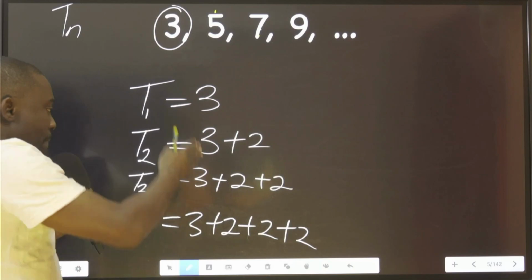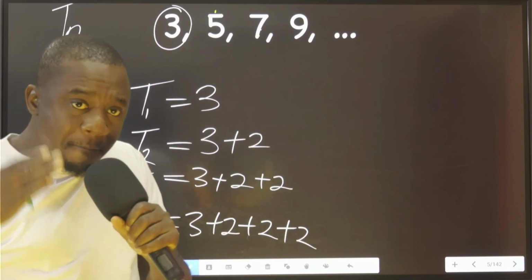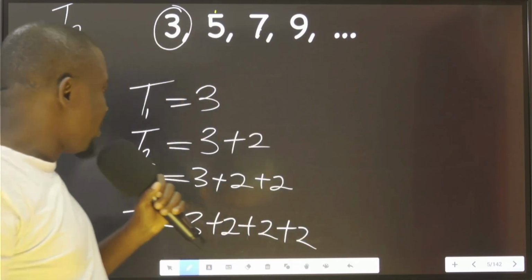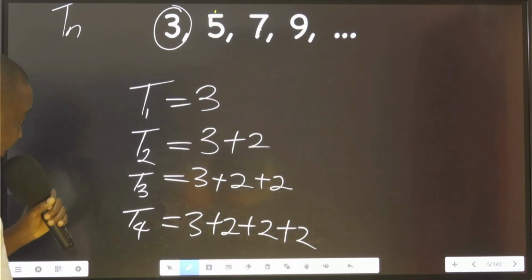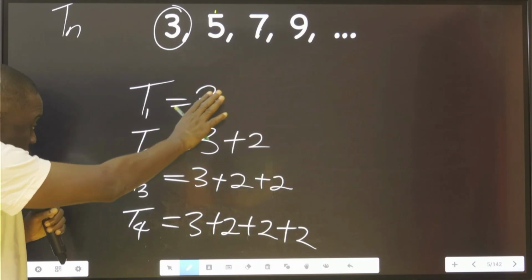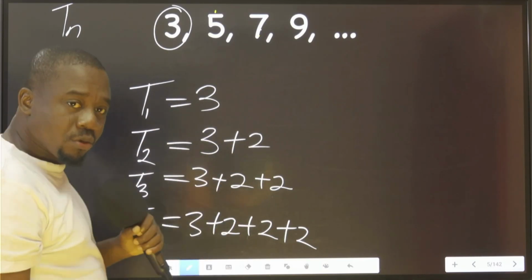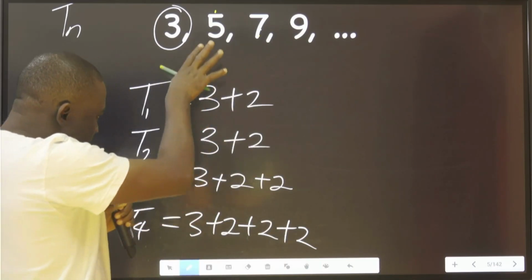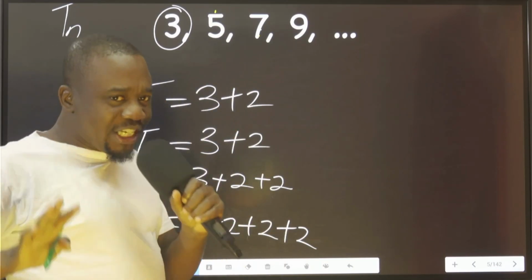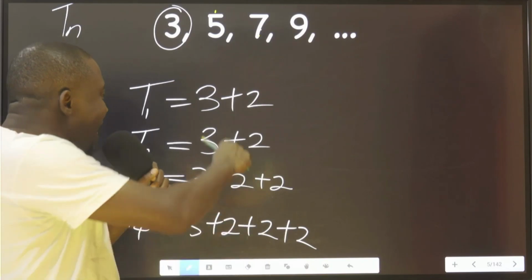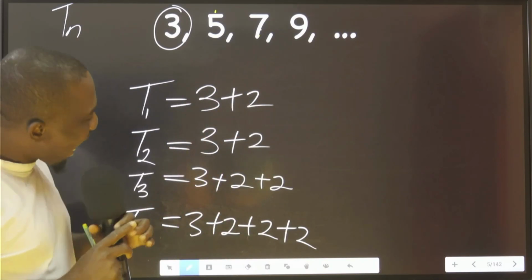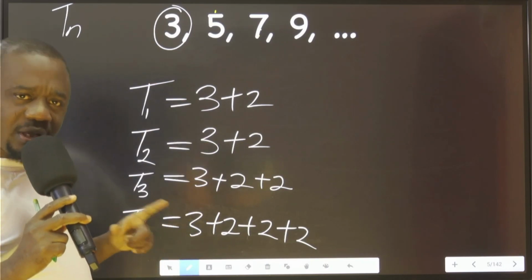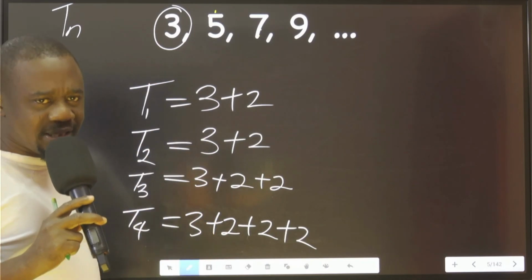As you can see, there is a pattern of 2, 2, 2, 2, 2 to be added to the previous term to get the following term. Therefore, because all of them have 2, 2, 2, 2, we have to also include 2 here just to balance the arrangement. But the point is that once I add these 2 here now, I am not changing the value of 3 to 5.